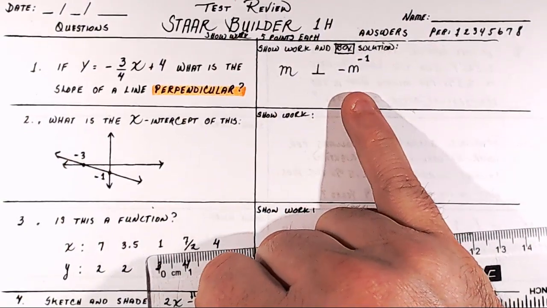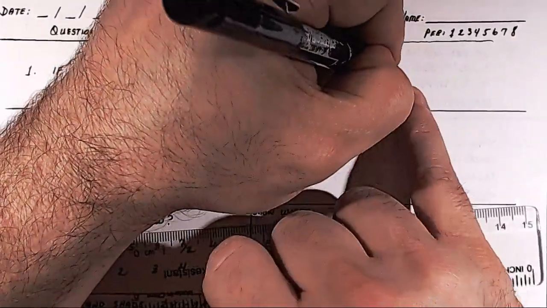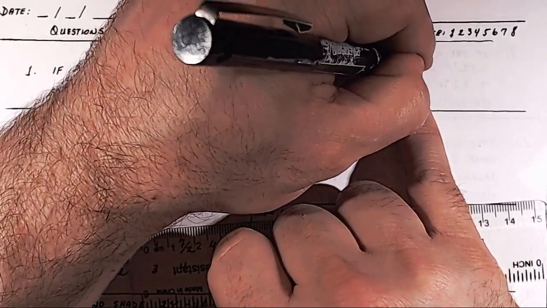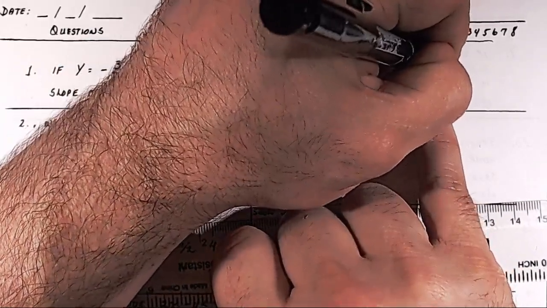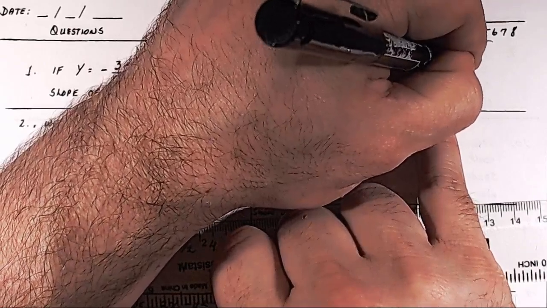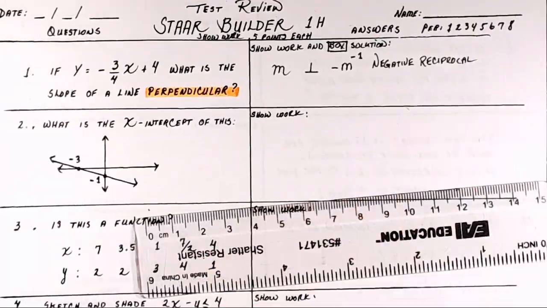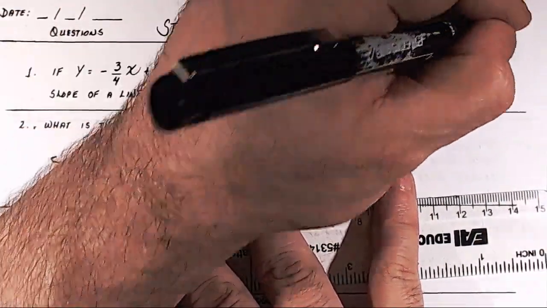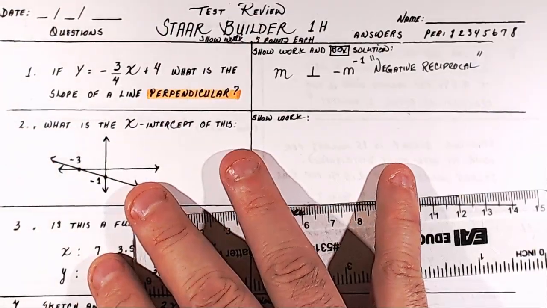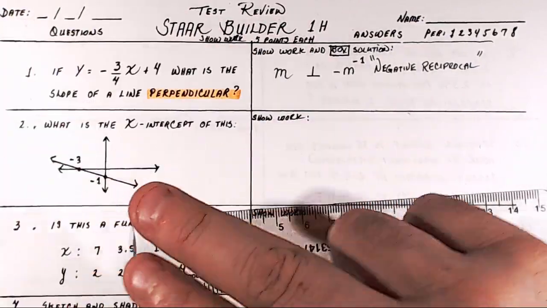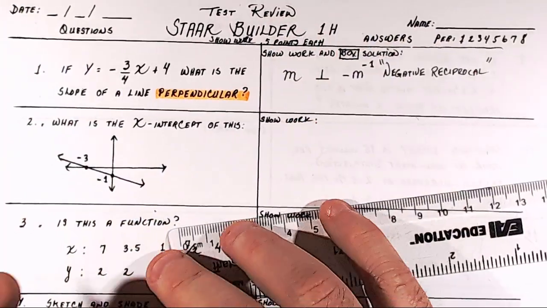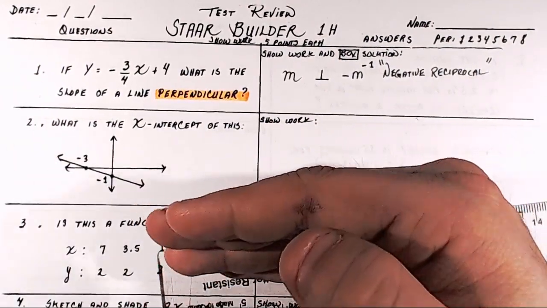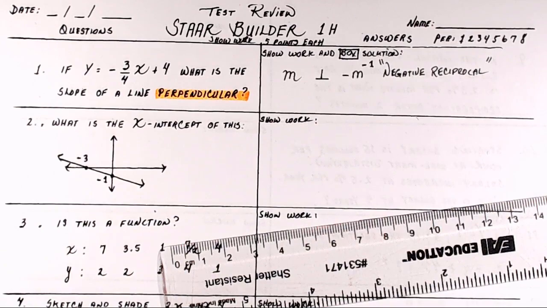That's called the negative reciprocal. All right, that's what we refer to it as. But in practice, you just take the slope and you flip it, and then you change the sign. So you flip the slope and change its sign.